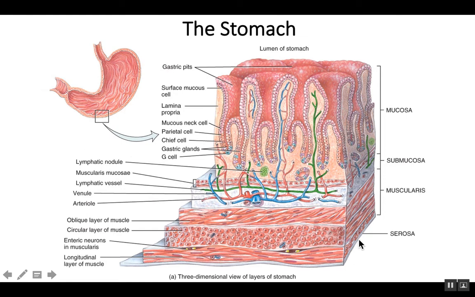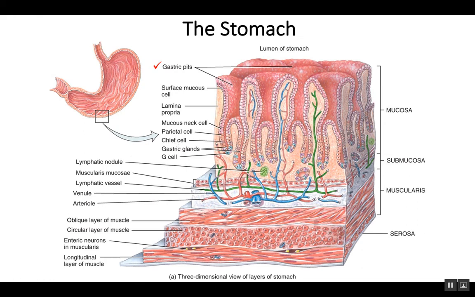A couple things to point out that are different compared to other parts of the GI tract are the gastric pits, which are these microscopic little pits in the lining, and deep down in the pits are where we often find the different types of cells that are either making the stomach acid, like the parietal cells. The chief cells are going to be producing some of the enzymes, like pepsin and gastric lipase.